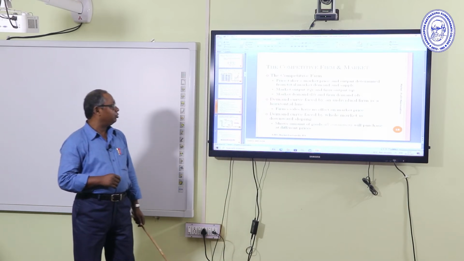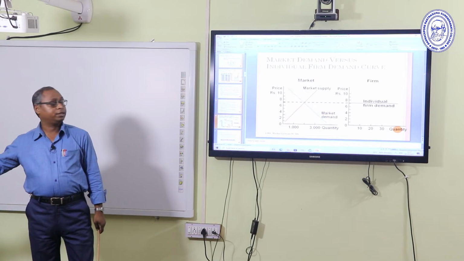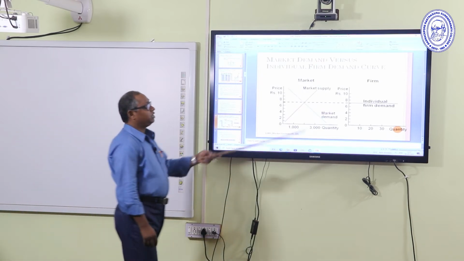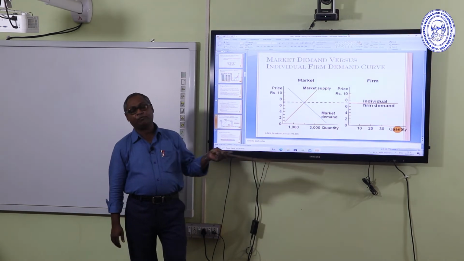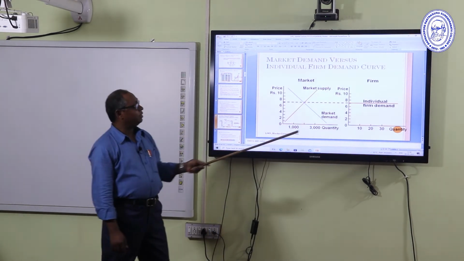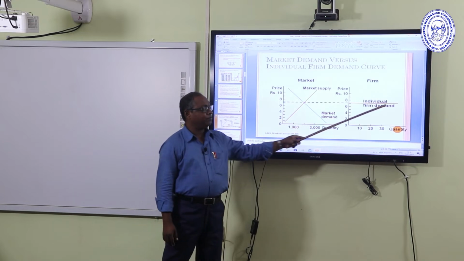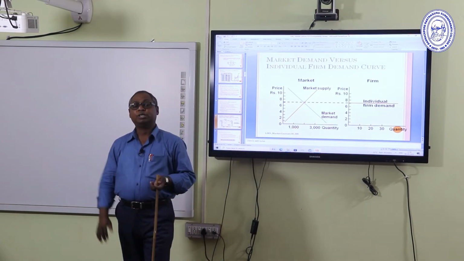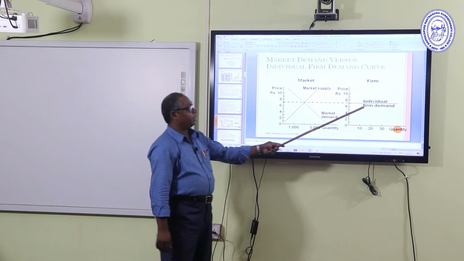And now we can move from farm demand to market demand. Here, this is the individual farm demand. There are innumerable, or n number of, farms in the industry, and each and every farm, say at price 7, follows a horizontal demand curve, AR curve, MR curve.